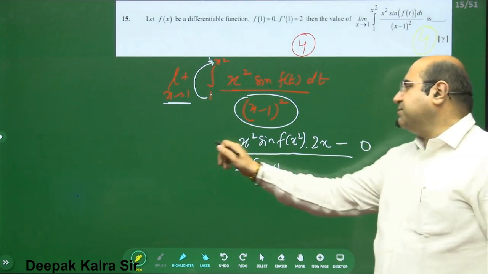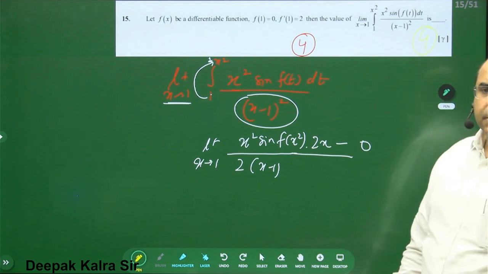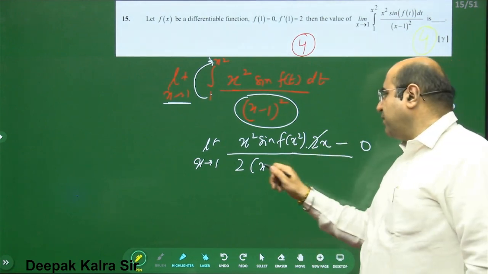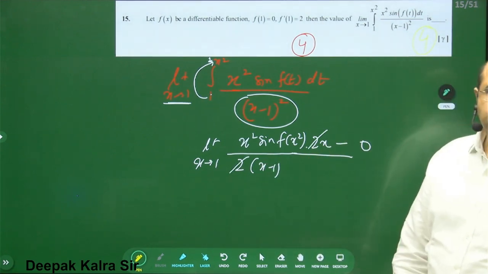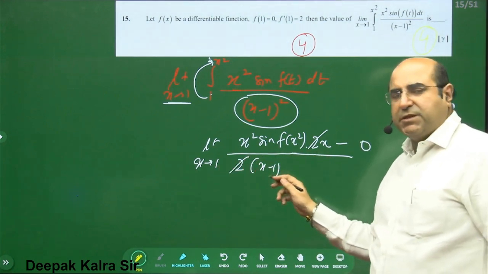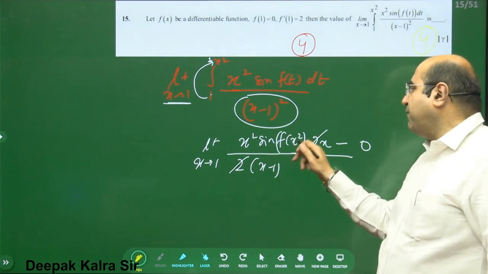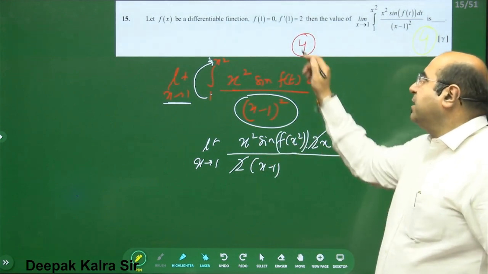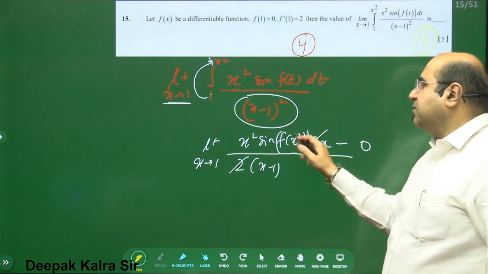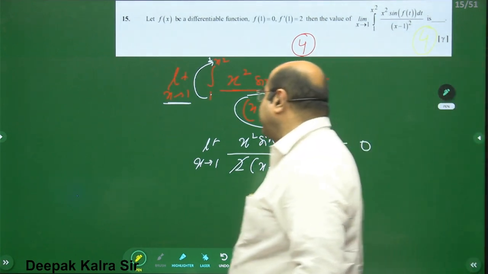This is the observation, limit x approaches 1 still running on. On that, this 2 goes off. If you still apply the limit x approaches 1, the denominator becomes 0 and the numerator becomes 1 times sine of f(1). f(1) is 0, so sine 0. So 0 over 0 form again applied, so L'Hopital's rule is again activated.